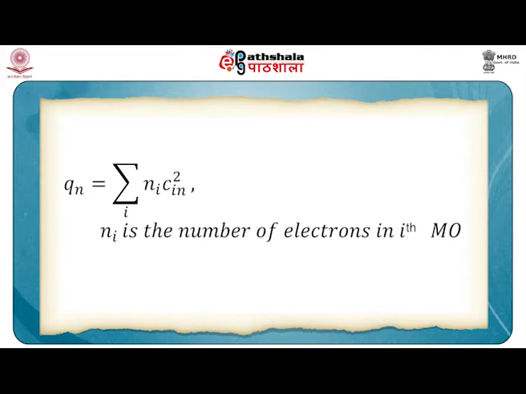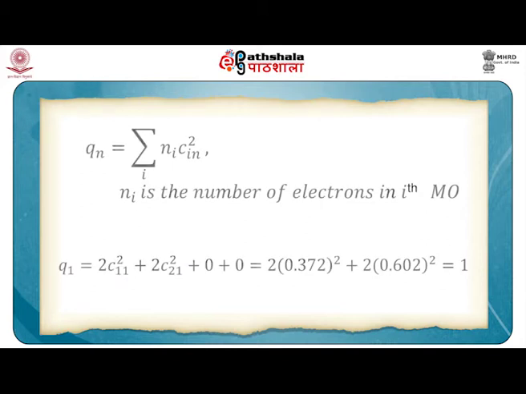So this is the expression for finding out the total pi electronic charge on any carbon atom. Now using this expression, one can find out the total pi electronic charge on carbon atom 1, that means Q1.